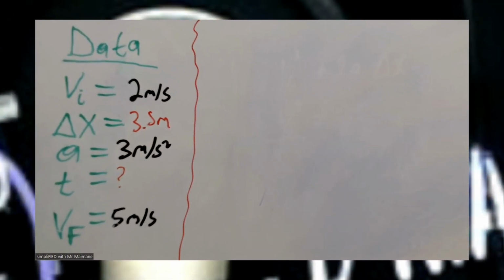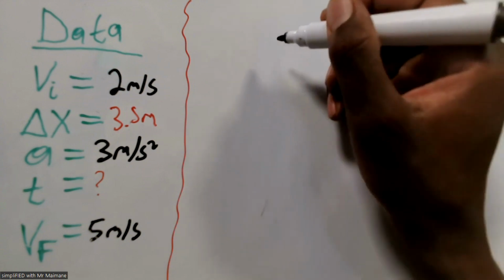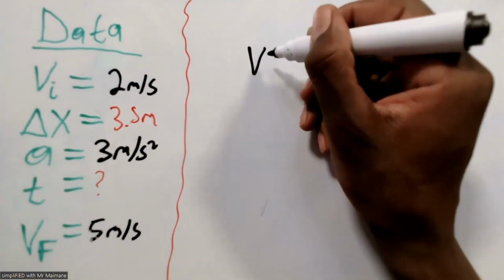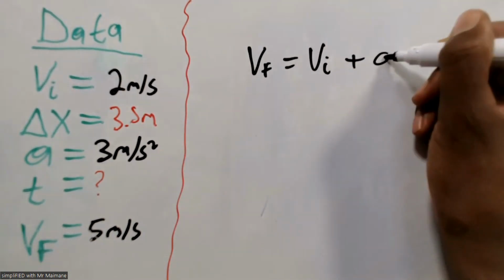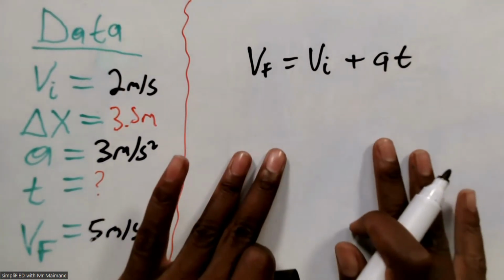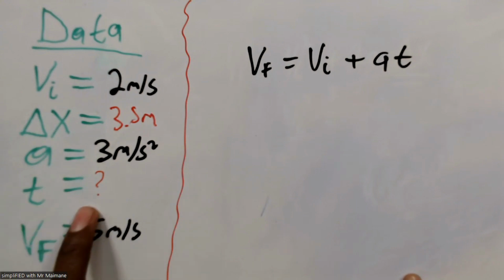What if we had to calculate t again on this one? Let's see if we had to calculate t, because the t is still unknown. So again, if you were to calculate t, probably you would select the equation Vf is equal to Vu plus At, right? And then here we want to calculate the time t.